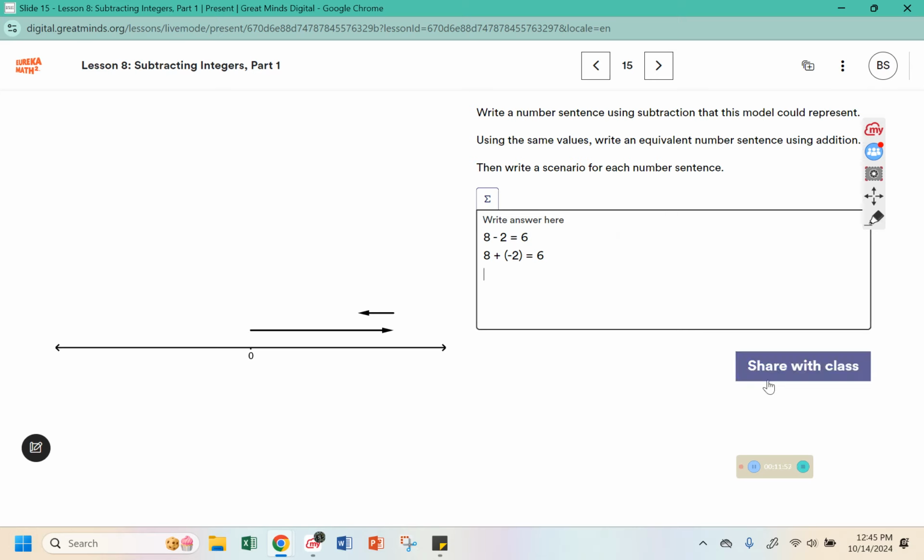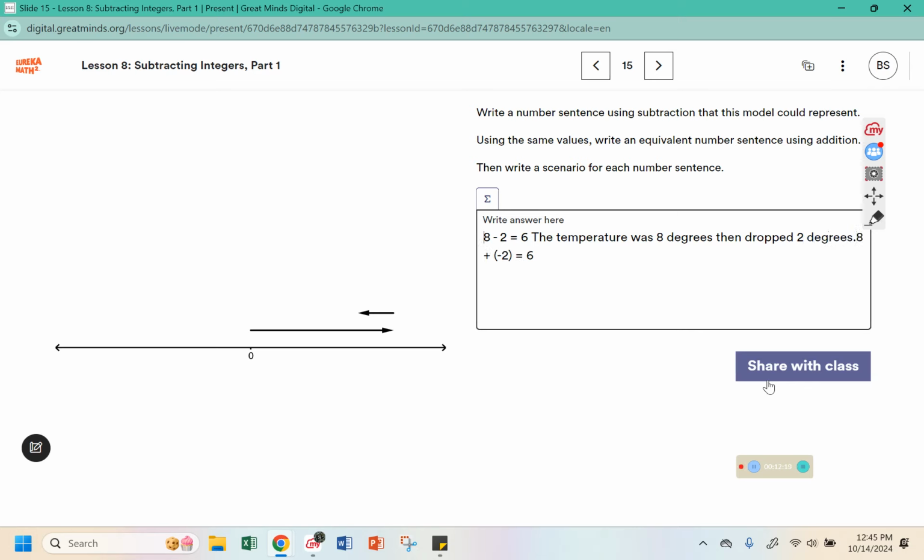Then write a scenario for each number sentence. So we're writing a story, such as the temperature was 8 degrees, then dropped 2 degrees.